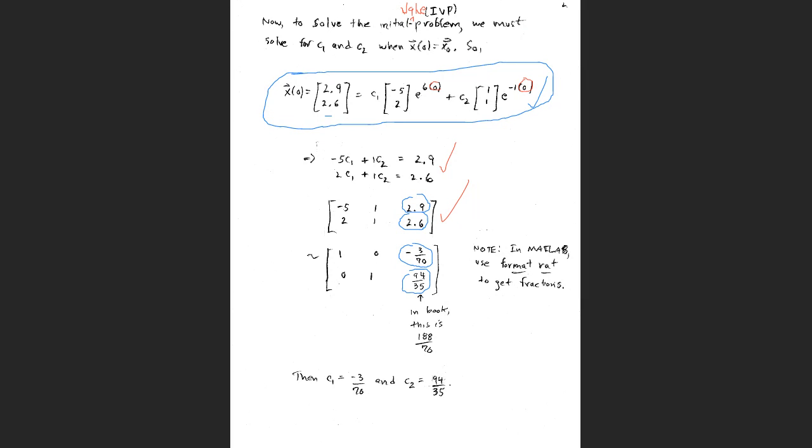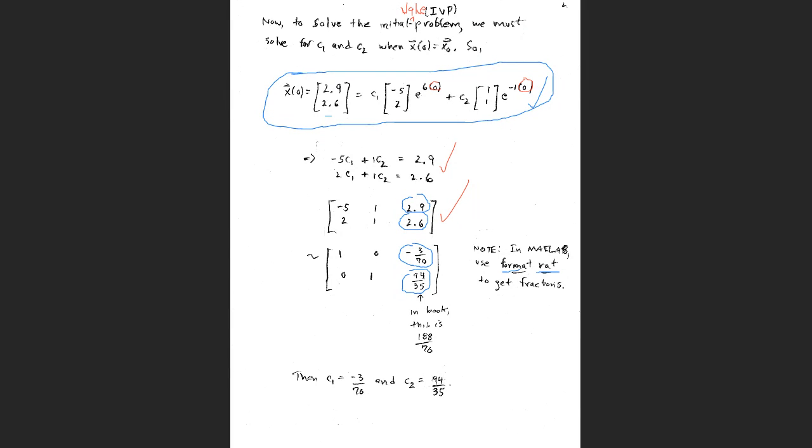In the book, section 5.7, this problem that we're doing is example 2. So in MATLAB, if you want to get nice fractions, you have to use the command format RAT. When you solve the system in MATLAB, you'll get those fractions.